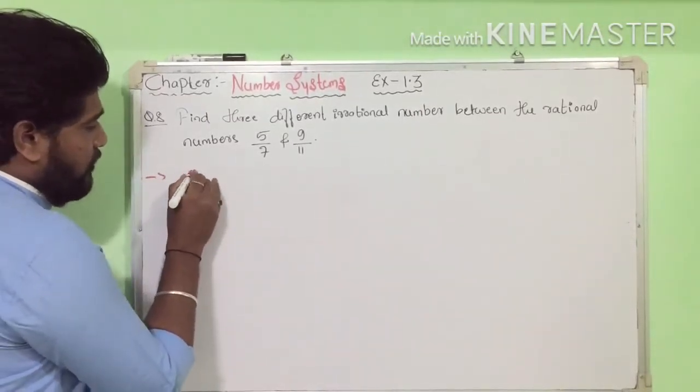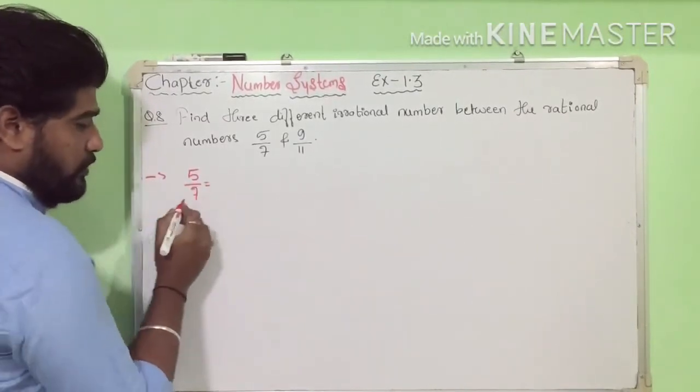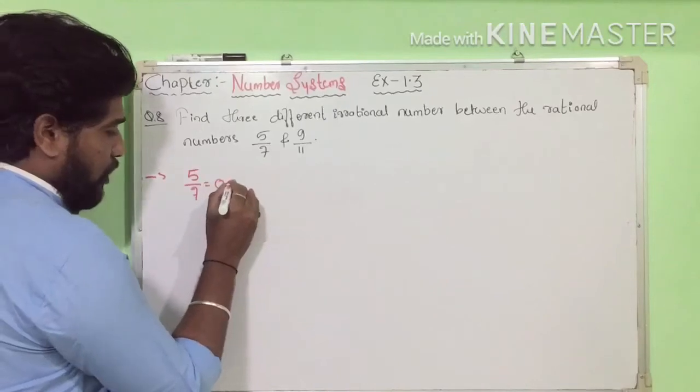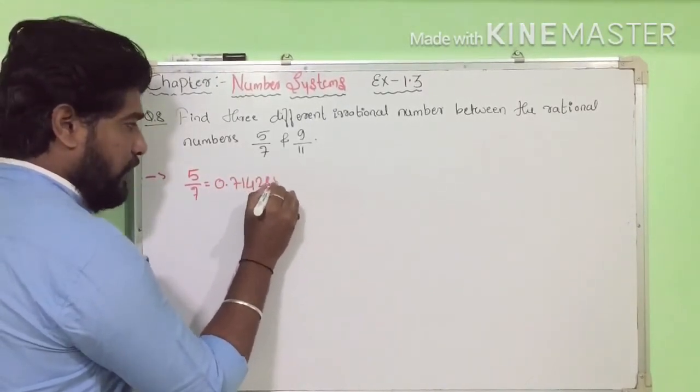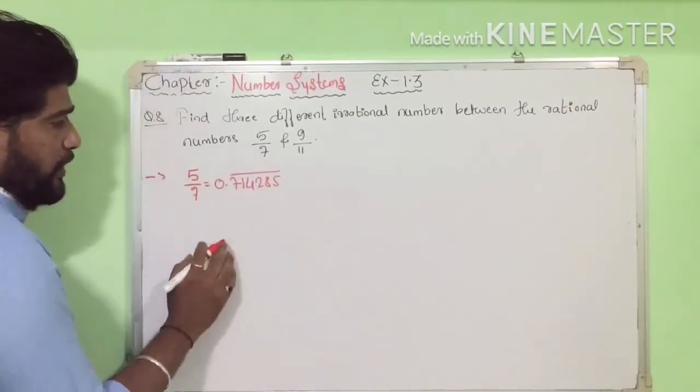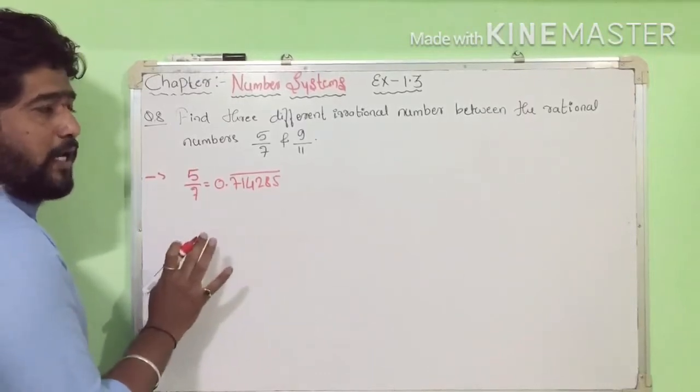First write down 5 by 7 in decimal form. It becomes 0.714285 and the digits are repeating. So non-terminating repeating means it is rational.